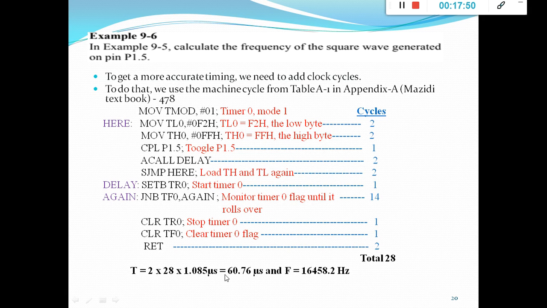When you do this, you get the value 60.76 microseconds, and when you calculate the frequency, 1 divided by T, you get 16458.2 hertz. This is the accurate time delay when you compare with without overhead.